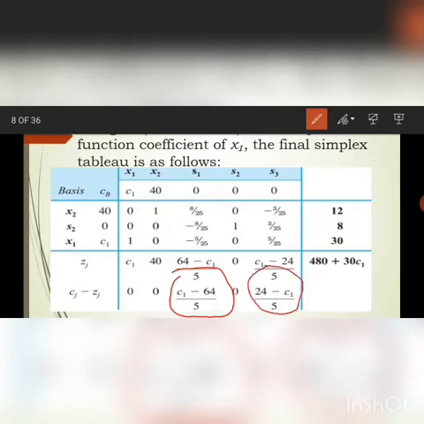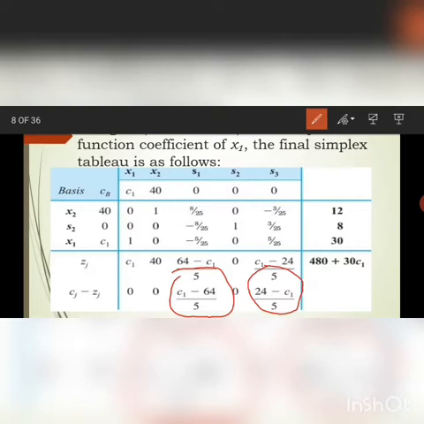Using the first inequality, we obtain c sub 1 less 64 is less than or equal to 0, or c sub 1 is less than or equal to 64.